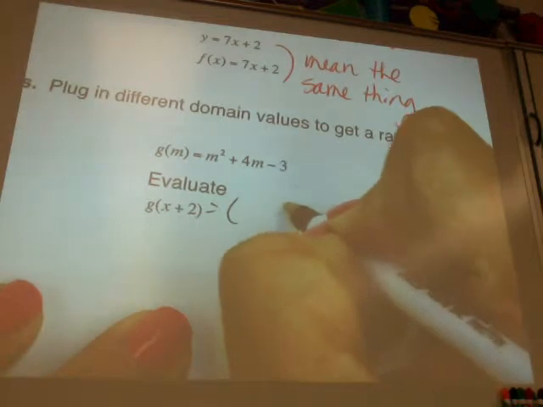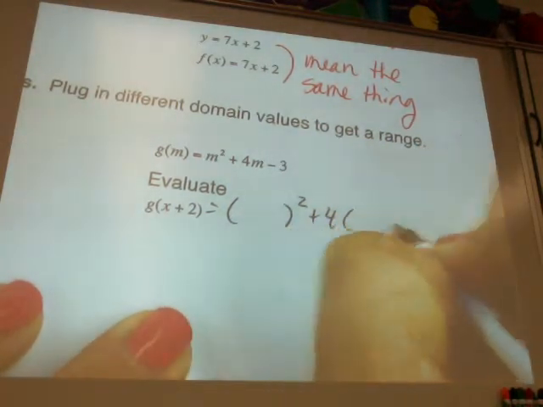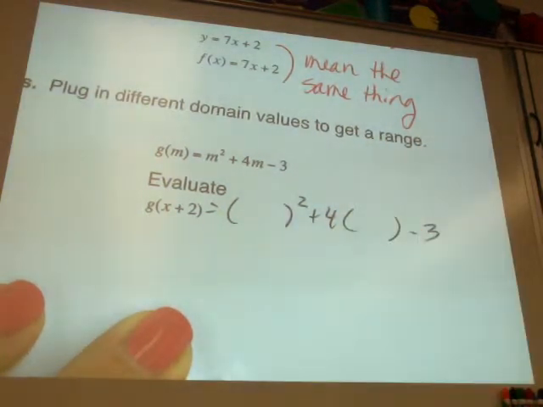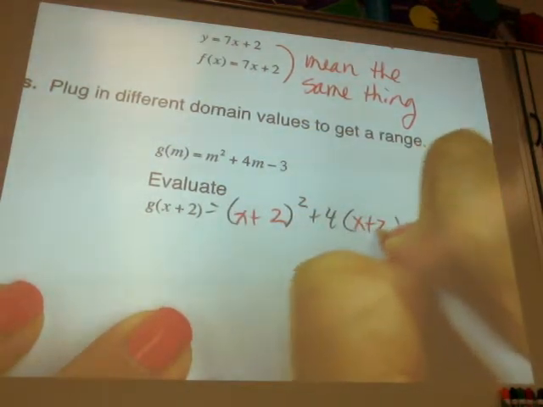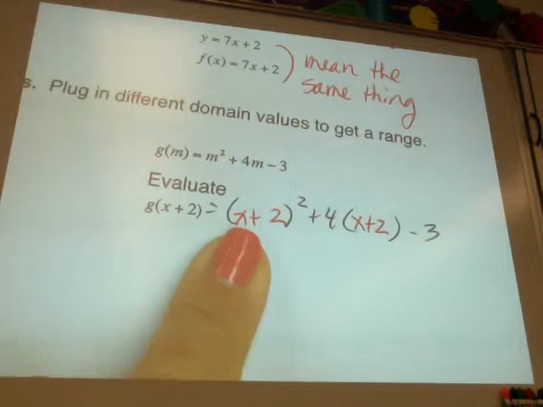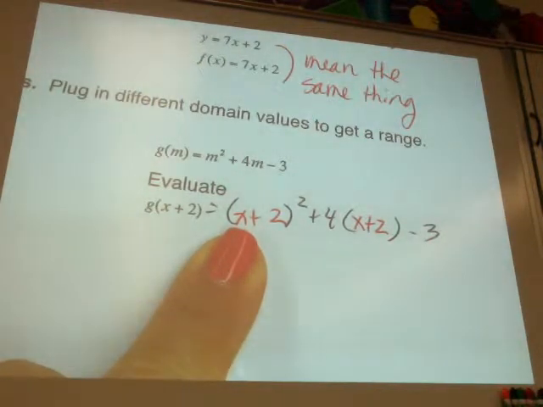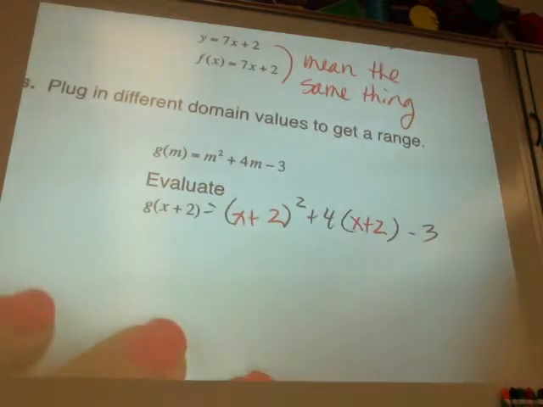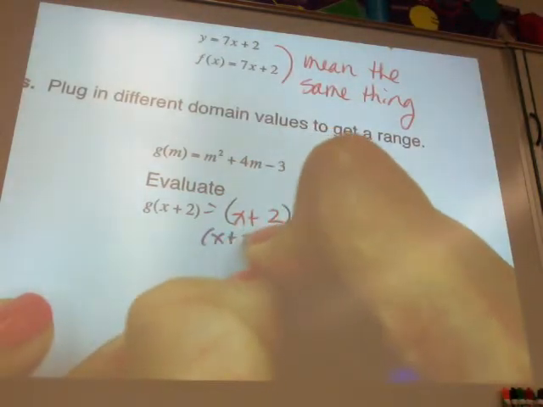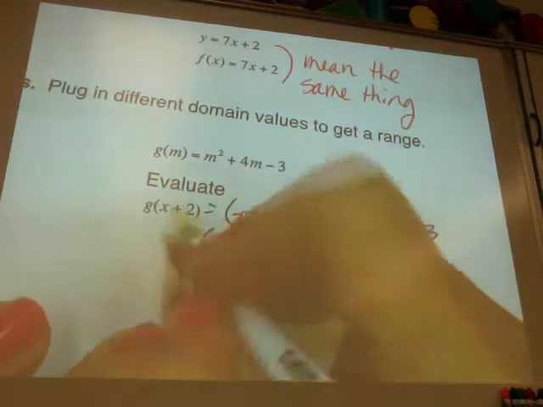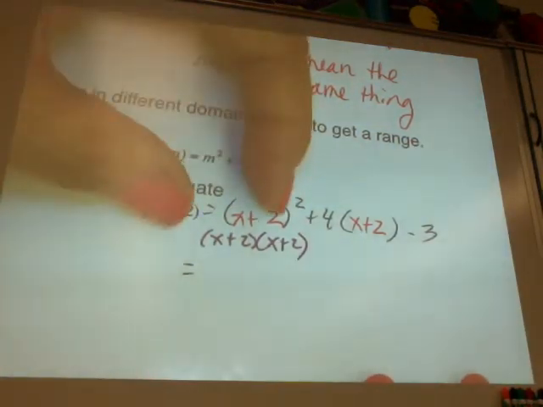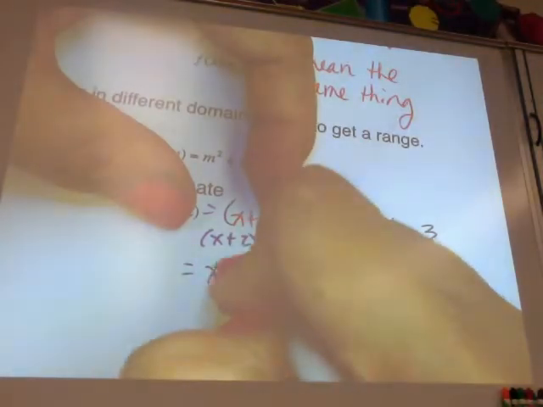So everywhere there's an m, you're going to replace it with something uncomfortable, x plus 2. Be careful when you square x plus 2. You do not get x squared plus 4. So remember that this means x plus 2 times x plus 2. If you FOIL this, you get x squared.